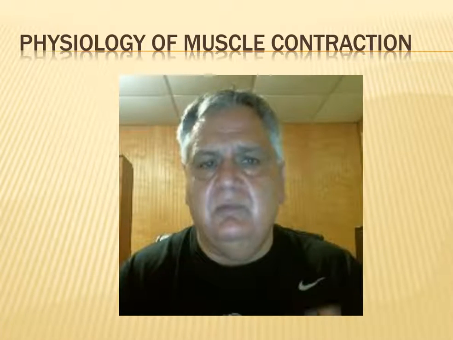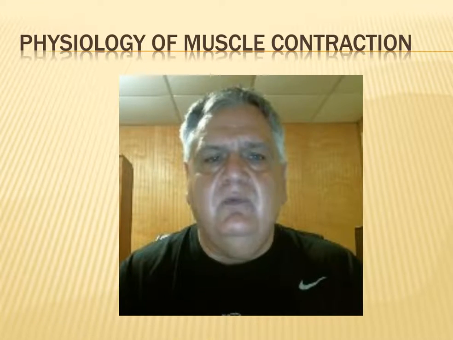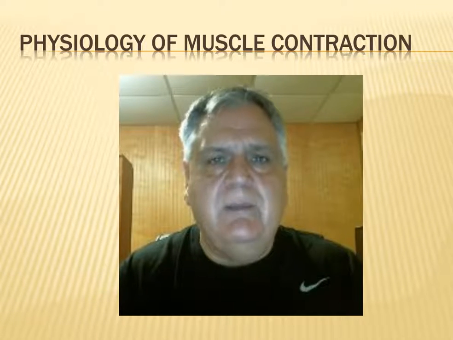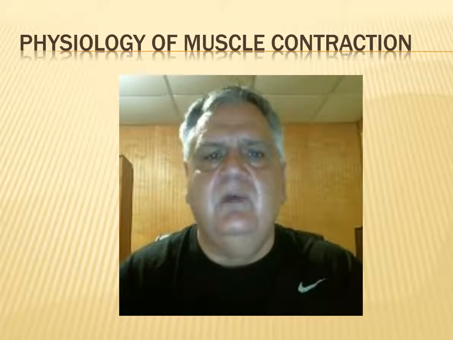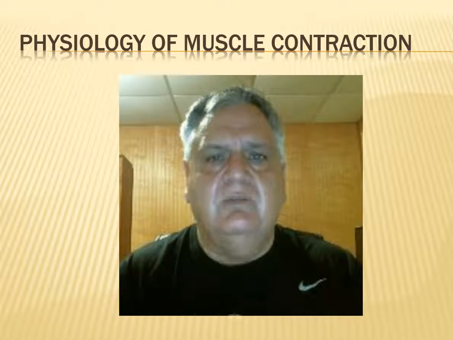But now the question becomes, how does muscle contraction take place? What happens when a muscle contraction takes place? That's called the physiology of muscle contraction. How does the muscle contract? We're going to stop here, and in our next PowerPoint, we'll pick up with that look at the physiology of muscle contraction.